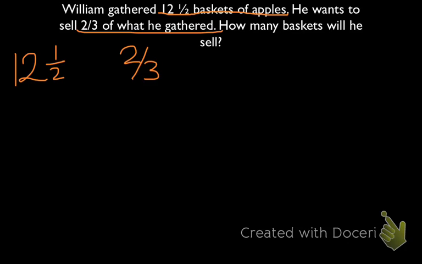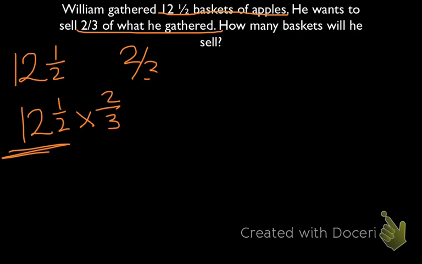So really, he's finding 2/3 of 12 and 1/2. To represent this as a multiplication equation, that would go 12 and 1/2 times 2/3.